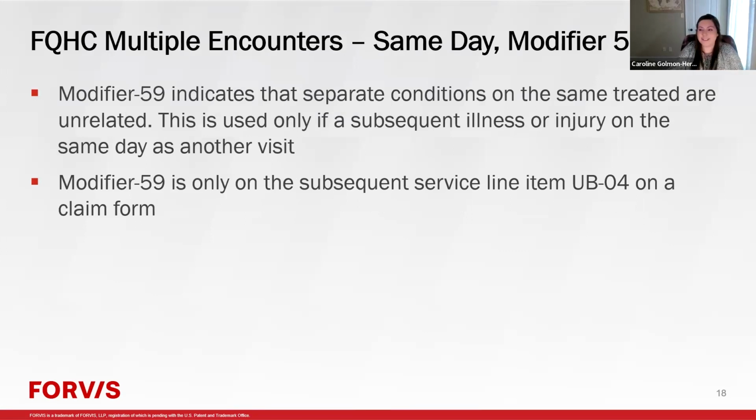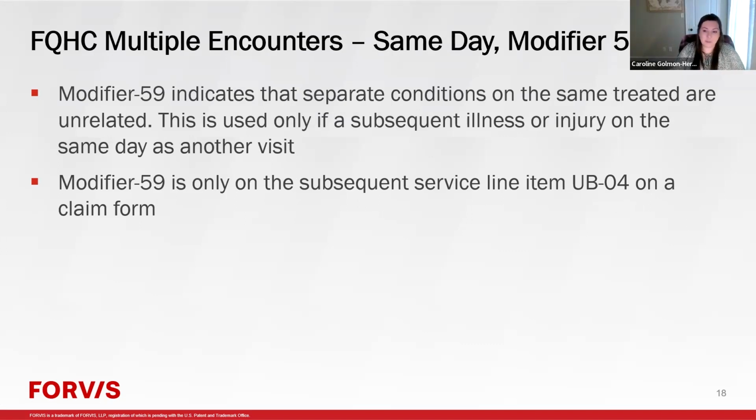Modifiers. Modifiers are a big issue that we get questions on a lot. Specifically modifier 59, for FQHC multiple encounters on the same day. Modifier 59 indicates separate conditions that are treated on the same day but are unrelated.